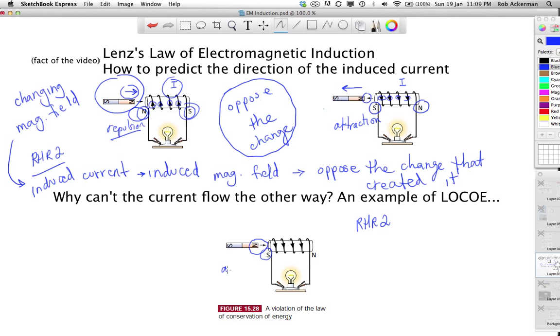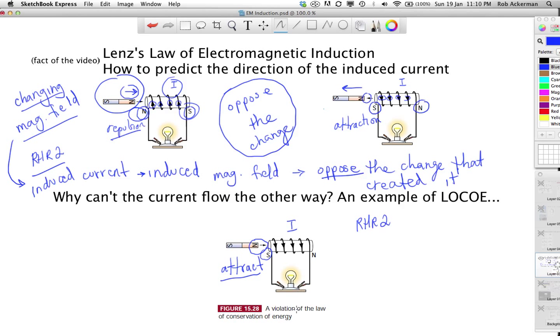A south pole would attract the incoming north pole, so that instead of opposing the change, it would actually create more change by getting the magnetic field to change faster. This would lead to a greater induced current, which in turn would lead to a stronger induced magnetic field, which in turn would pull this magnet in even faster with greater attraction. Can you see how this would be a runaway process?